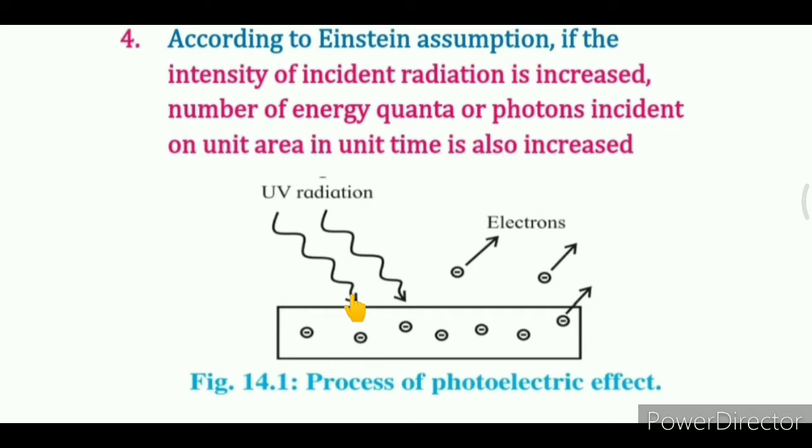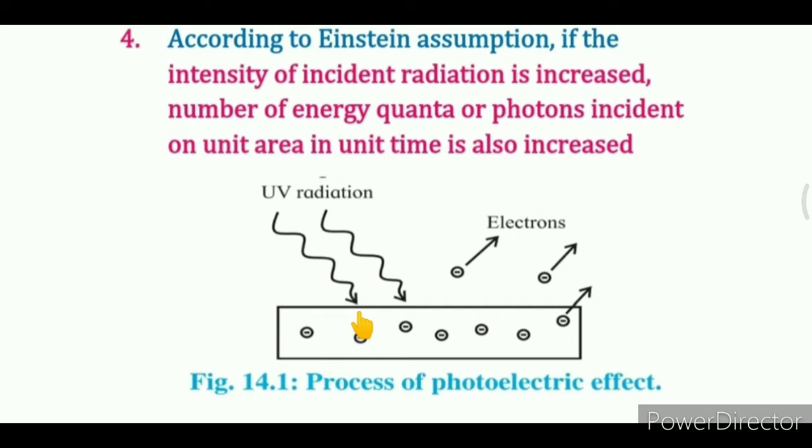For example, if the intensity is low, containing only one photon, this one photon will collide with one electron only, and hence only one photoelectron will be emitted and the current will be very low.